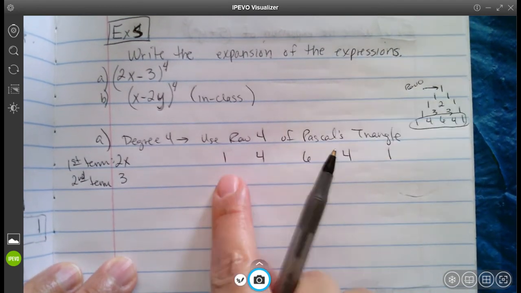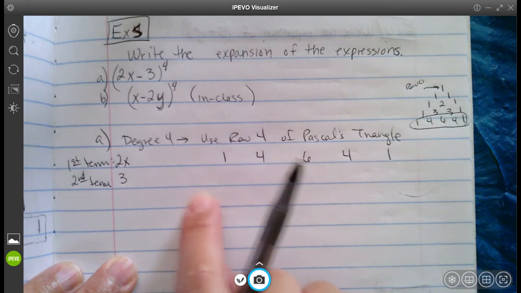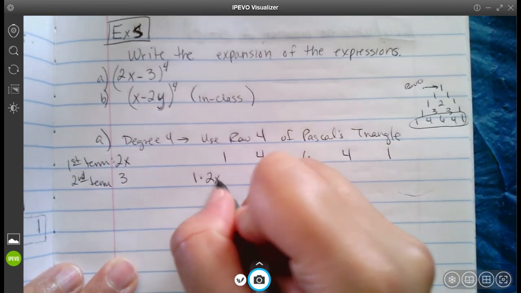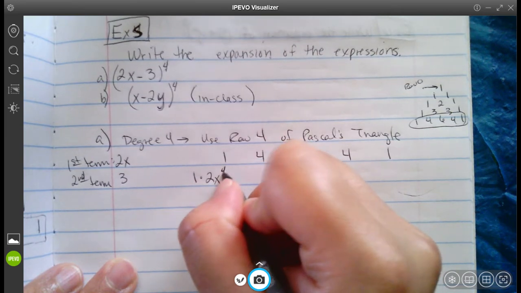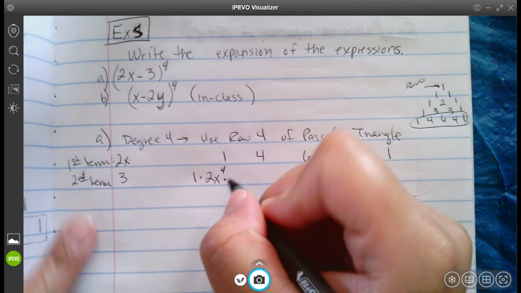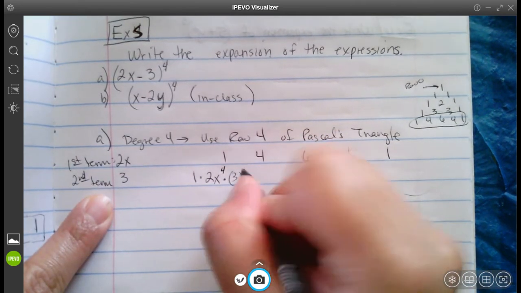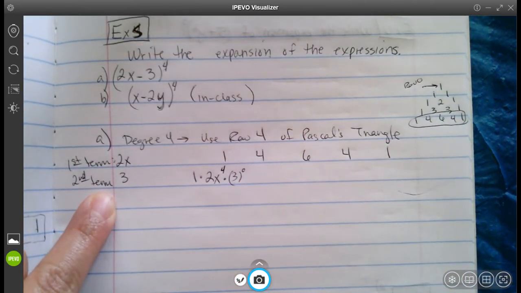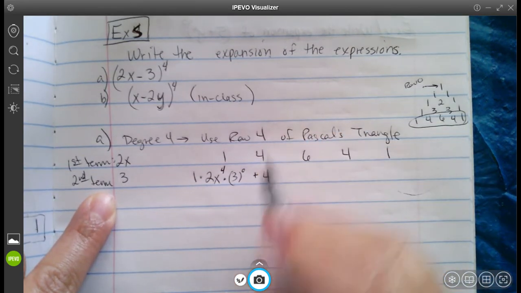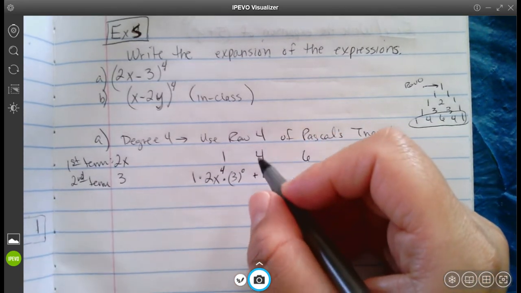Let's begin. For the first term here, we have 1 times 2x to the 4th power. You always start with the degree that we started with, so 4th power. And then our second term, 3, is to the 0 power, because you start backwards on that one. Plus 4, so that's my next coefficient. Oh, I forgot one thing.